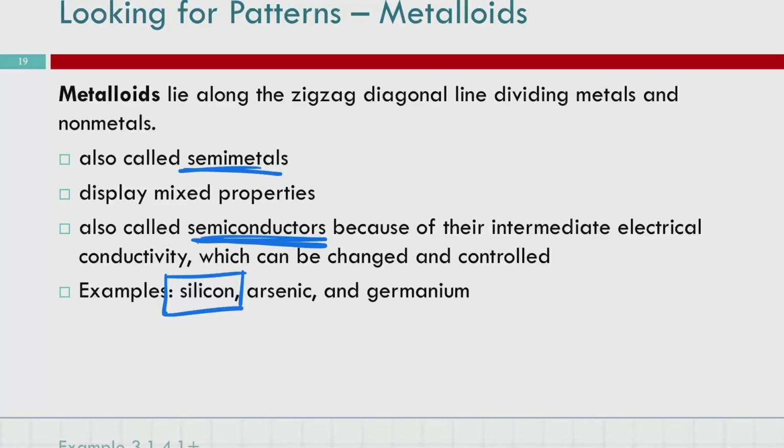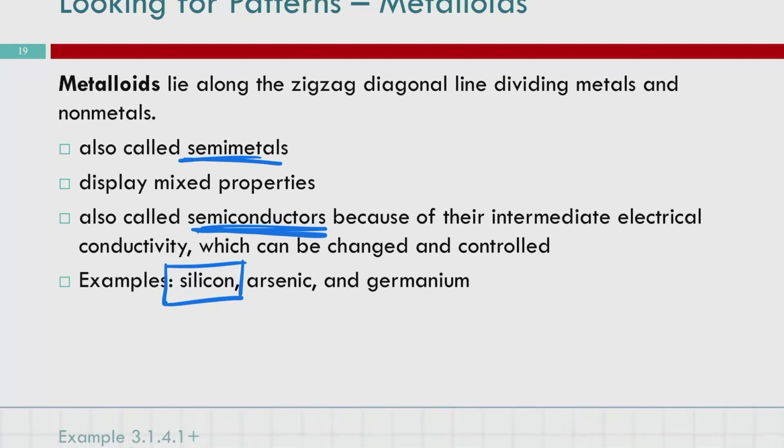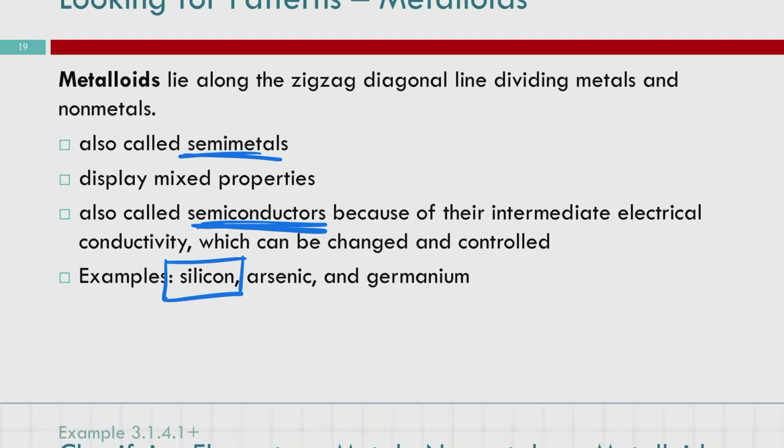One of the interesting things about some of our semiconductors is that you can tune their electrical resistance. So you can change, for example, the temperature, and it changes their electrical resistance. And silicon is the one that you should definitely know. Silicon is typically used in electronic devices, it's usually the backbone of a lot of our electronics.